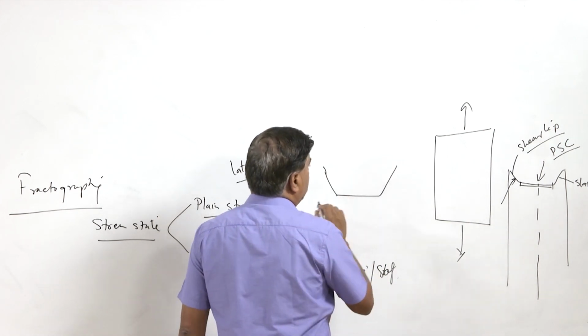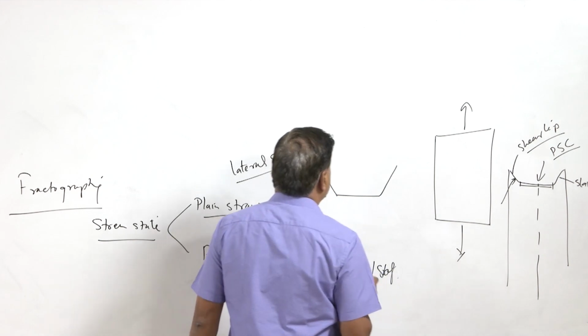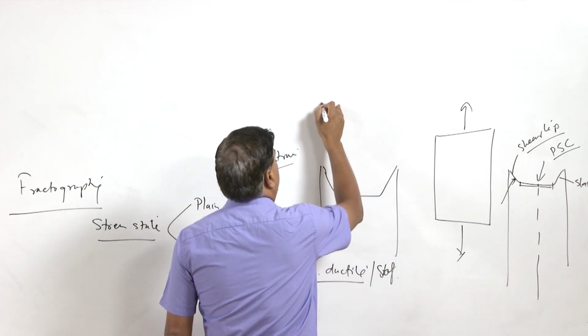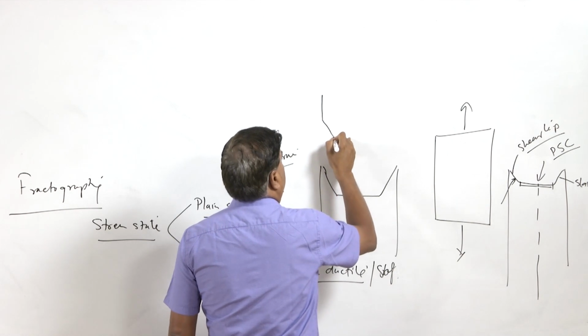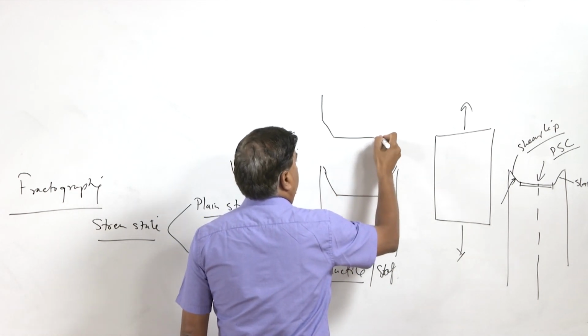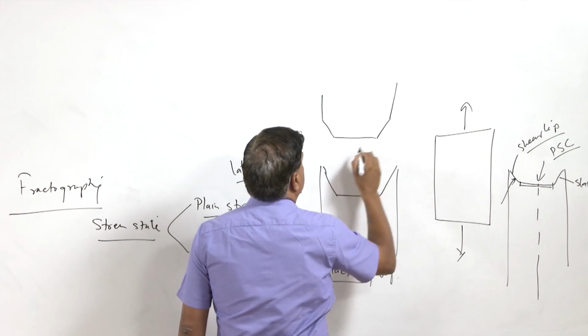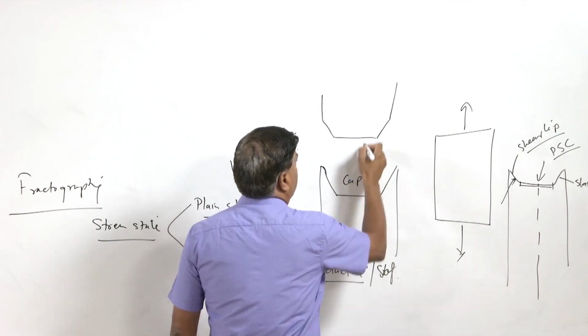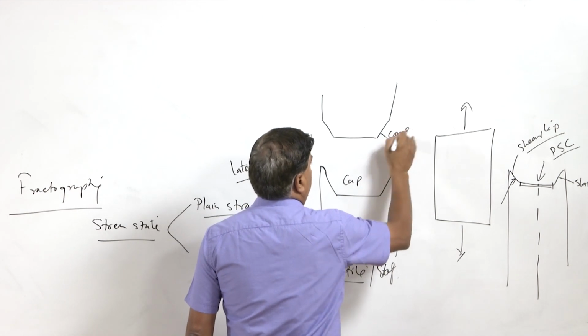This is one part, and if we see the opposite part, it will again have a fracture surface with the opposite features. Here this one is similar to the shape of a cup, and this is similar to the shape of a cone.